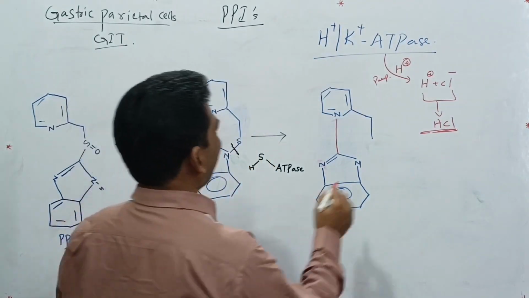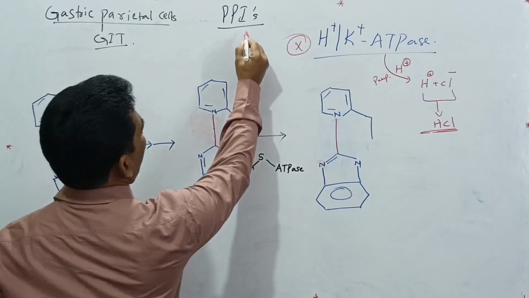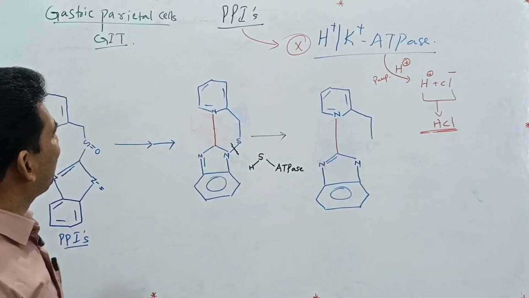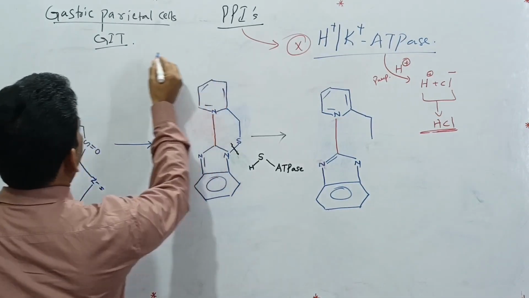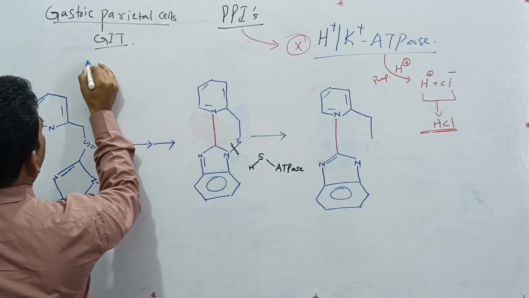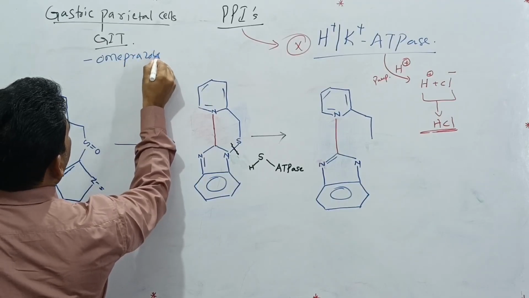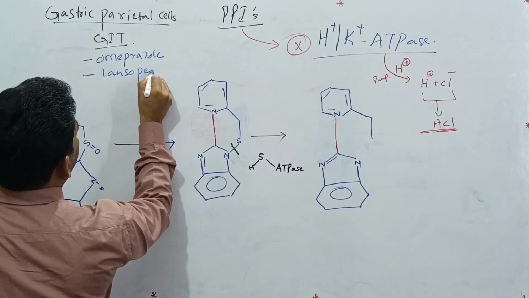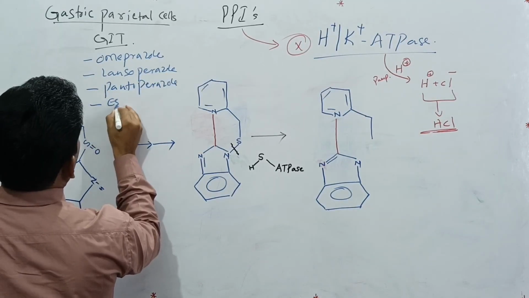This mechanism is what we prevent by using proton pump inhibitors. Different drugs come under this class: omeprazole, lansoprazole, pantoprazole, esomeprazole.